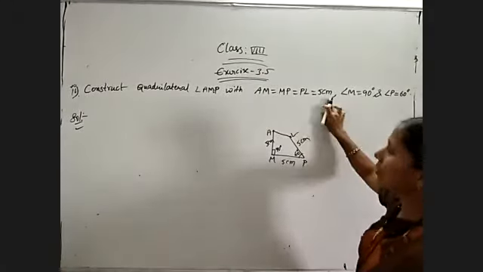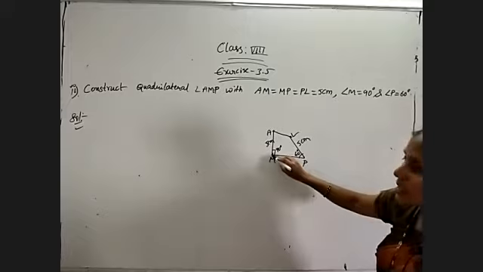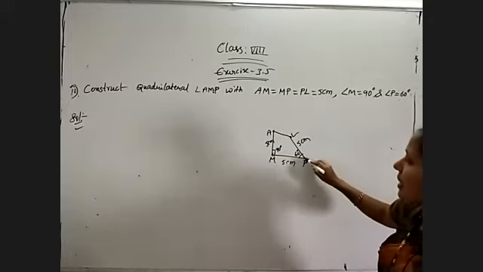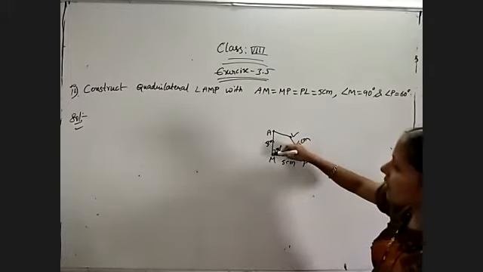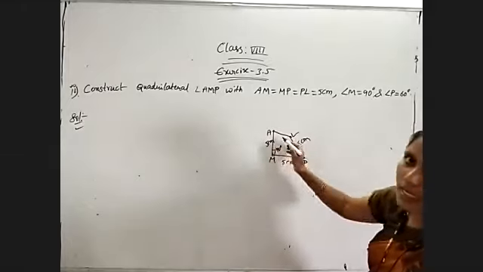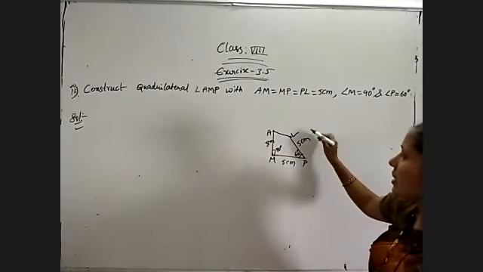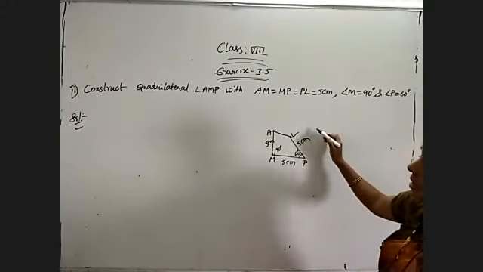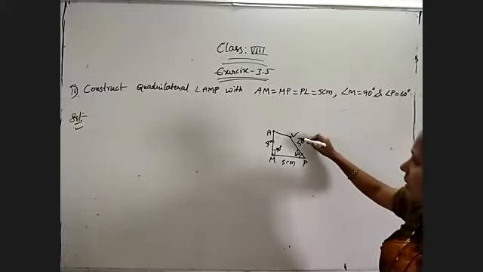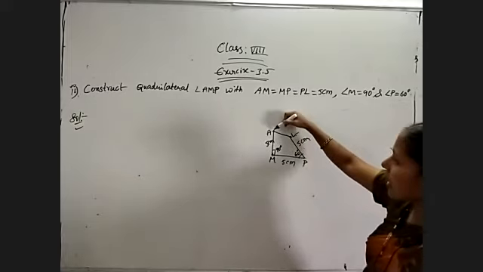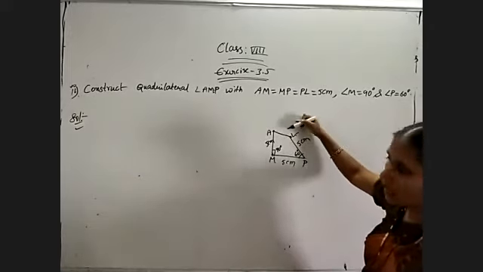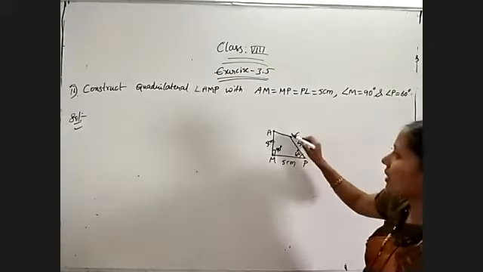MP of 5 centimeters I have taken, and I need to construct angle M 90 degrees and angle P 60 degrees. After that, M as center with 5 centimeters radius I must draw an arc, and P as center with 5 centimeters radius draw another arc meeting at L, and join A and L. Thus we get the required quadrilateral LAMP.